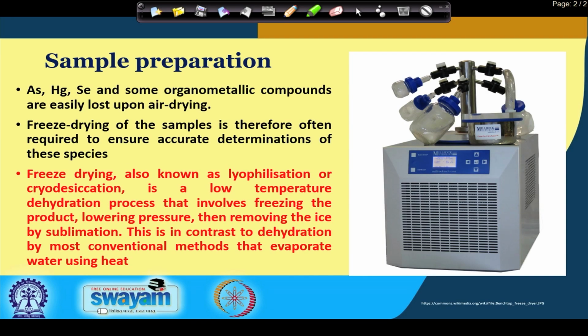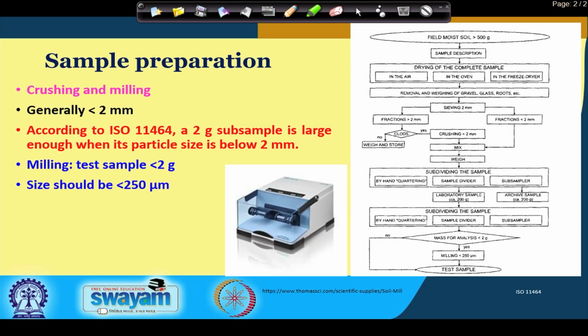We discussed the freeze drying method, and why it is required for certain elements like arsenic, mercury, selenium and some other organometallic compounds which are easily lost by air drying. For these organometallic compounds and elements we generally go for freeze drying during sample preparation, and for keeping those samples for a long period of time.